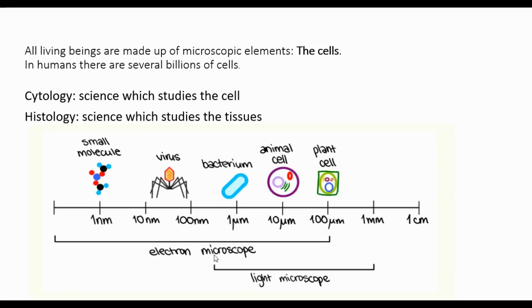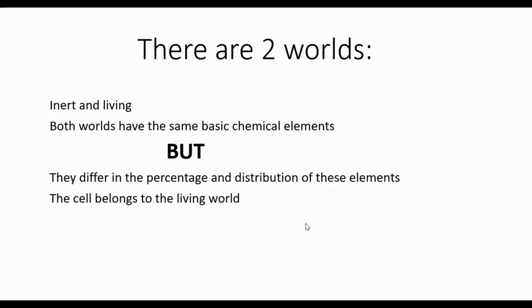Whereas a bacterium has a unit of micrometer, which can be seen by a light microscope as well as an electron microscope. Animal cells and plant cells also have a unit of micrometer, and they can be seen by a light microscope as well.